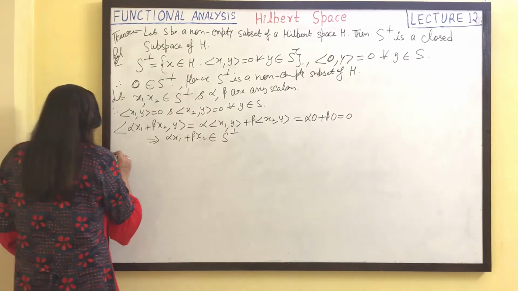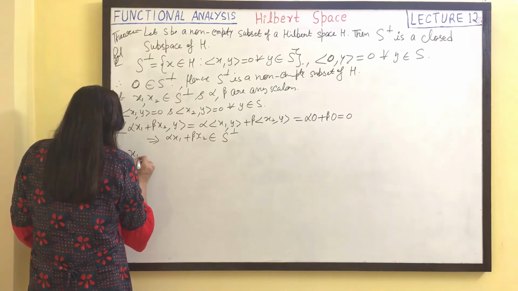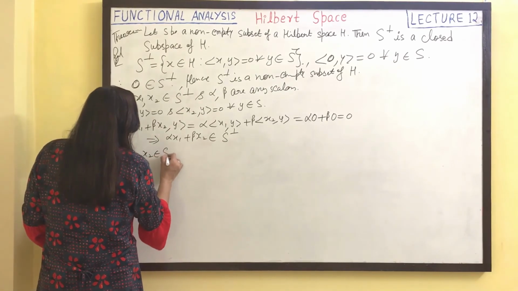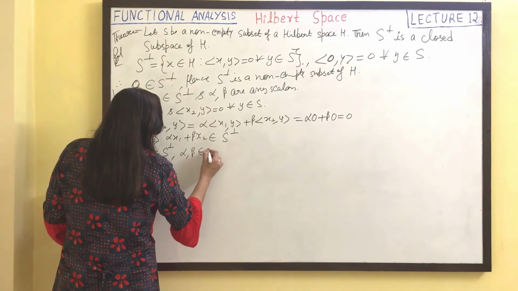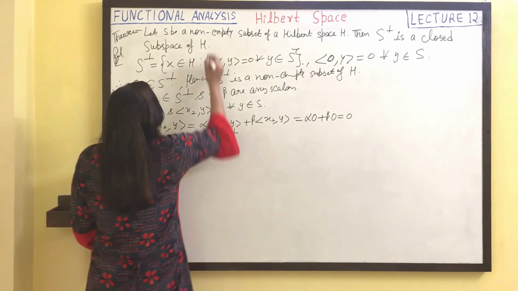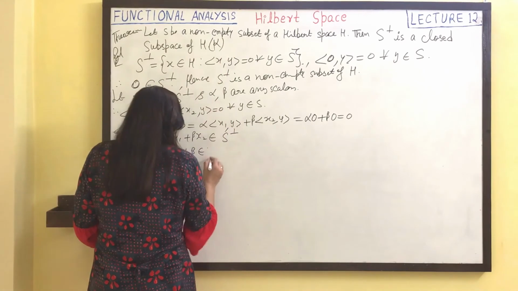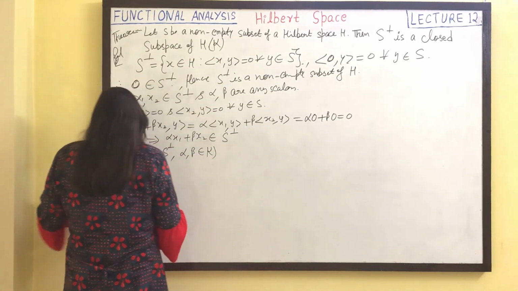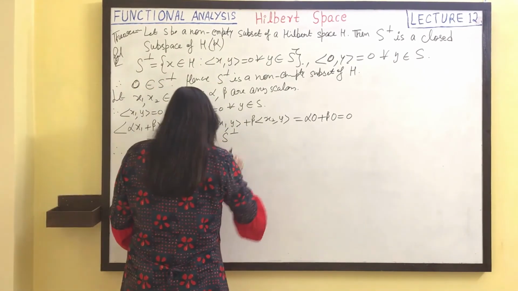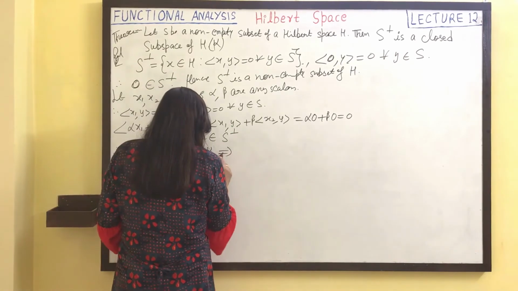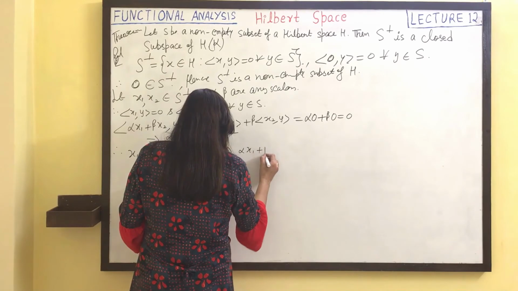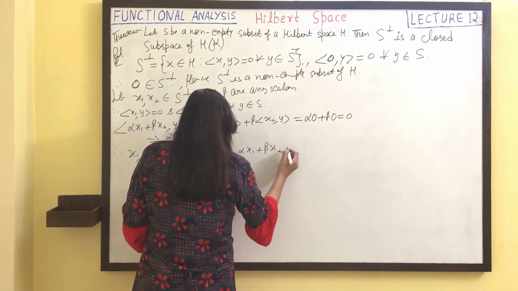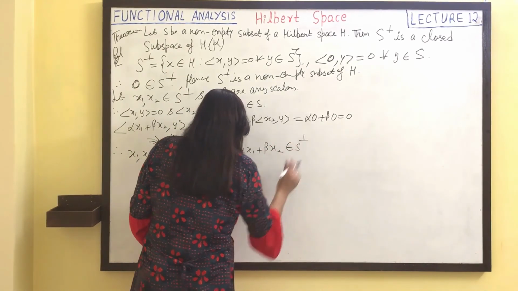Therefore we have proved that if x1 comma x2 belong to S perpendicular and alpha comma beta belong to K, then this implies alpha x1 plus beta x2 belongs to S perpendicular.